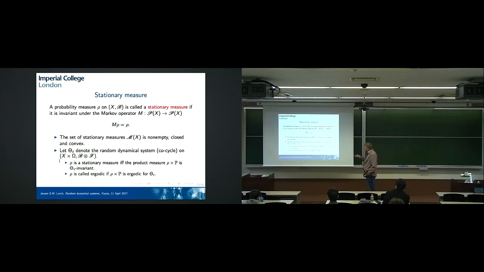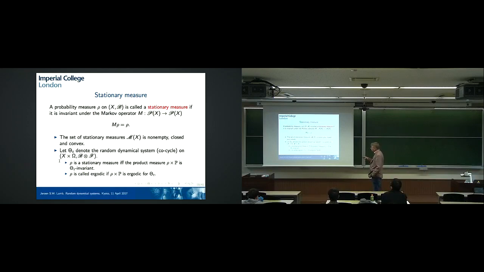You can add positive measures together, but negative measures don't mean anything. So I get this compact set of stationary measures. The ergodic stationary measures are then the extremal points of such compact sets. Okay, but I won't really go into that.